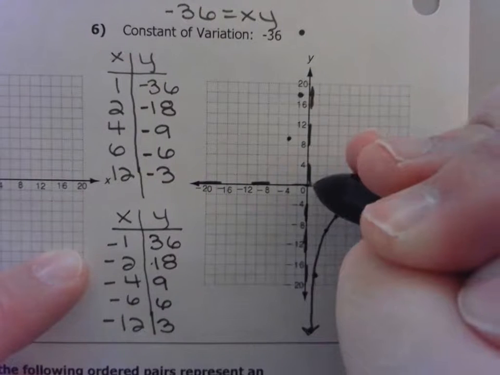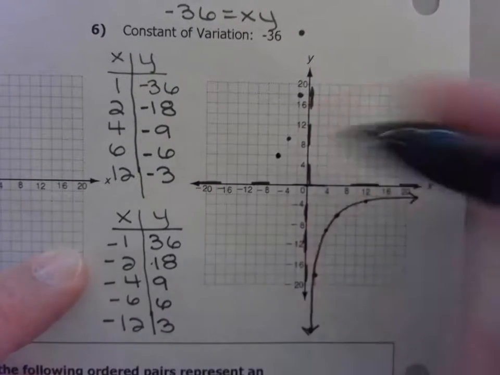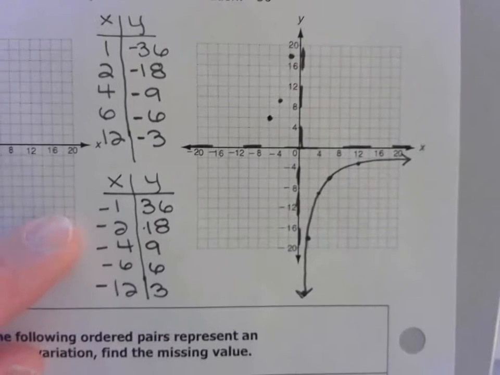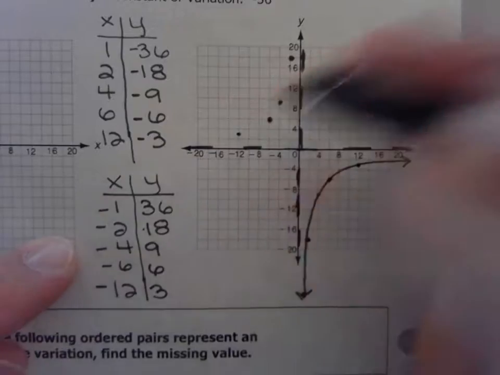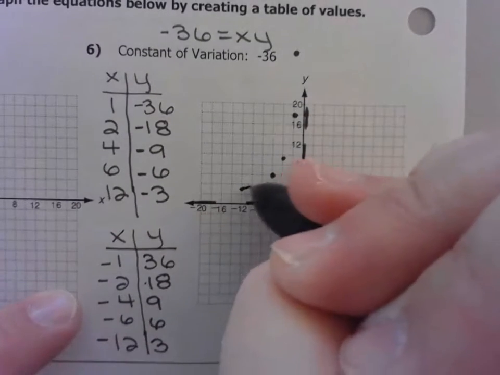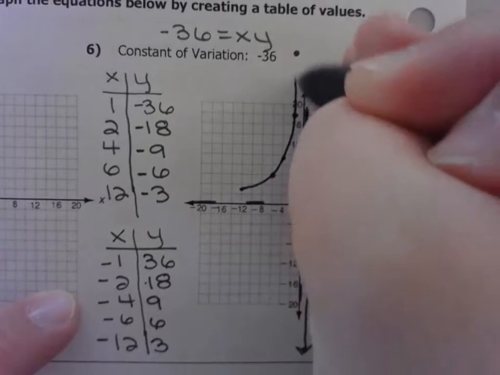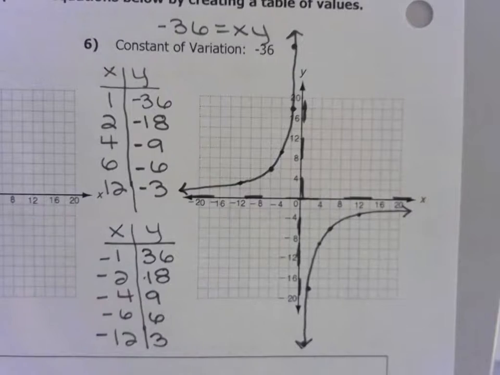Negative 6, 6. So halfway between negative 4 and 8 and up. Like that. Negative 12, 3. Negative 12, up 3. Something like that. Your points don't have to be exact, but you should notice that I have the curve.